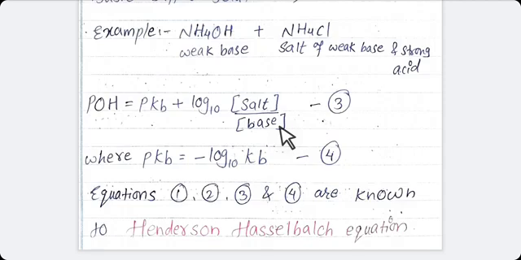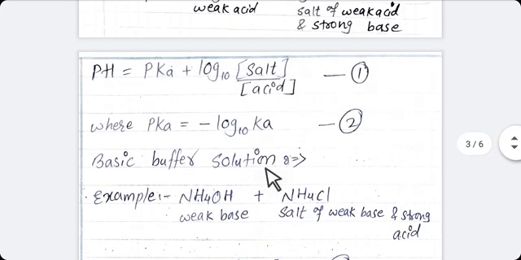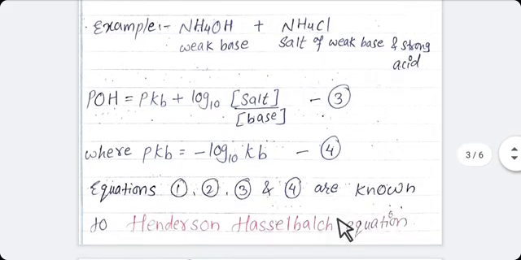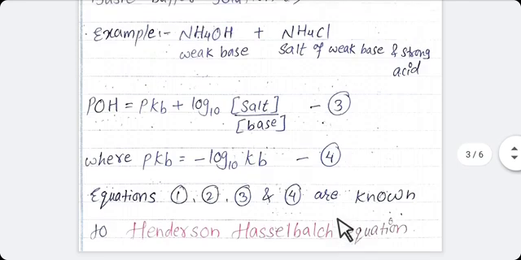As you know, Kb is the dissociation constant for the base. In place of concentration of acid we are using concentration of base. And same here, pKb is nothing but minus log to the base 10 of Kb. So in this topic we have 4 equations, 1, 2, 3, 4. These 4 equations are known as the Henderson-Hasselbalch equation.